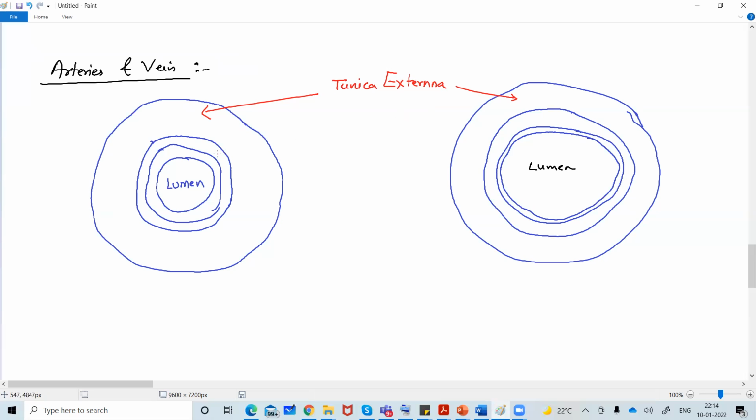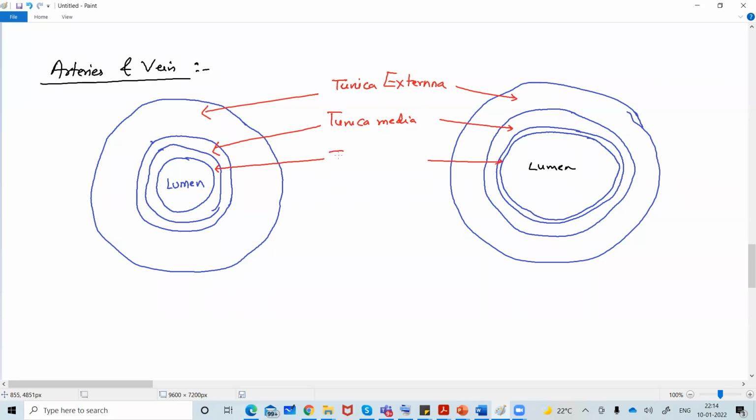Now this middle layer, this one, and here also there is a middle layer. This is called Tunica media. The third one, this particular layer, the third layer, here also.